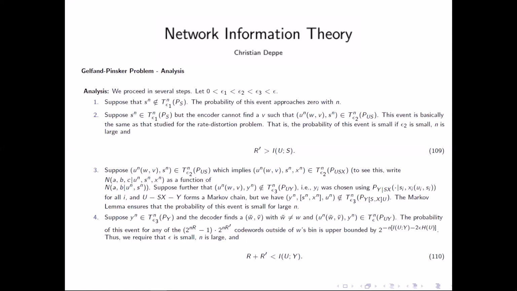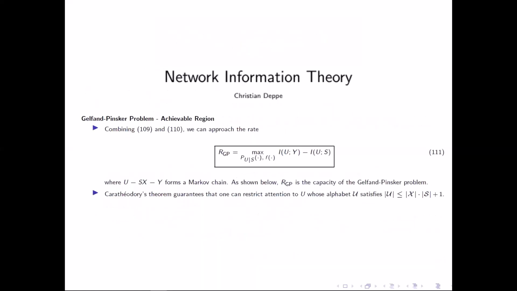Now we have all cases. And we can combine them, and we get what we want. We get the capacity region. First we get only the direct part, we get a rate which we can achieve.